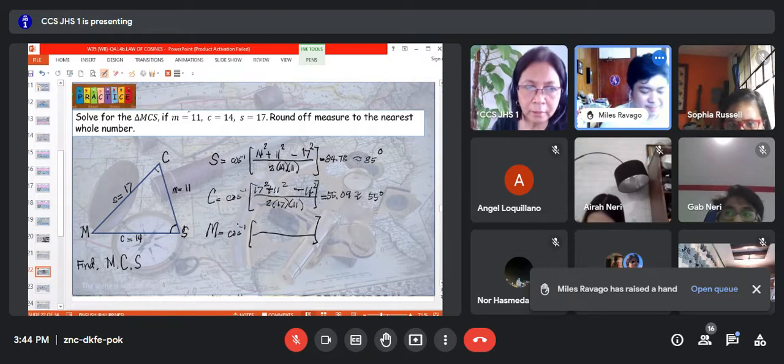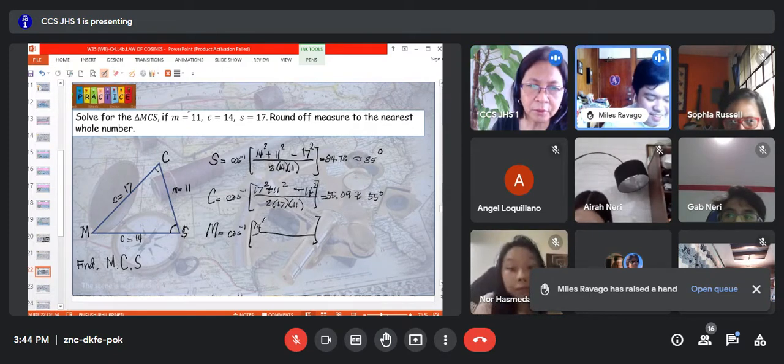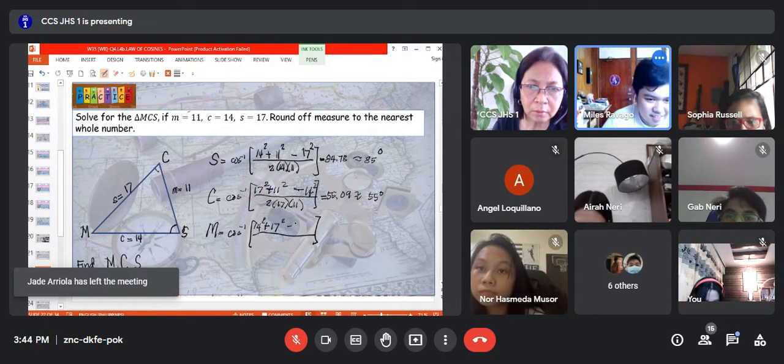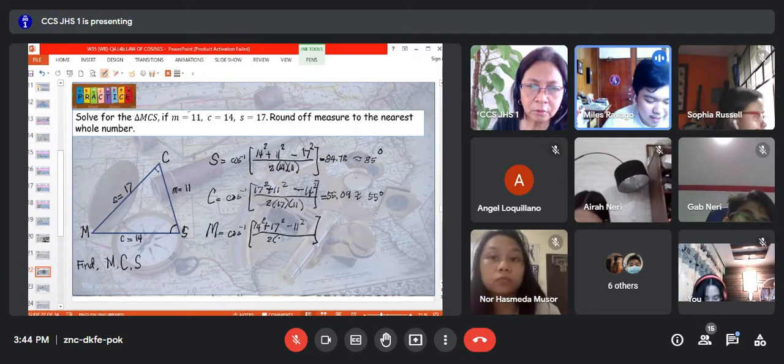Inverse cosine of 14 squared plus 17 squared minus 11 squared over 2 times 14 times 17.